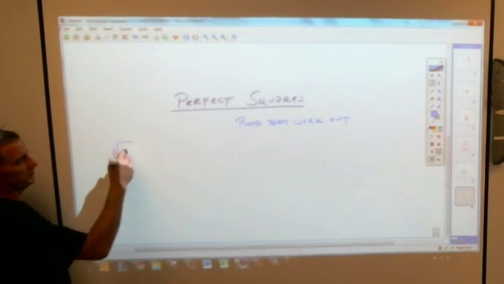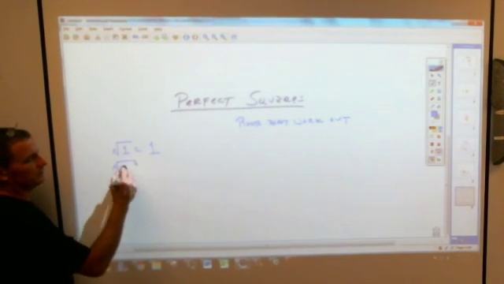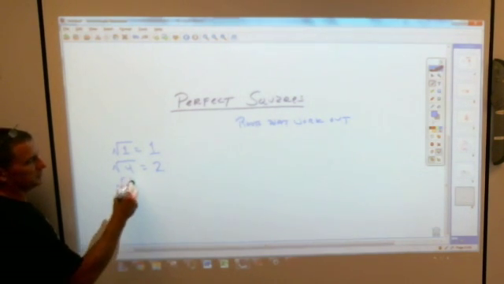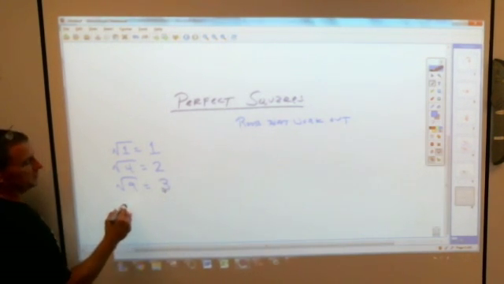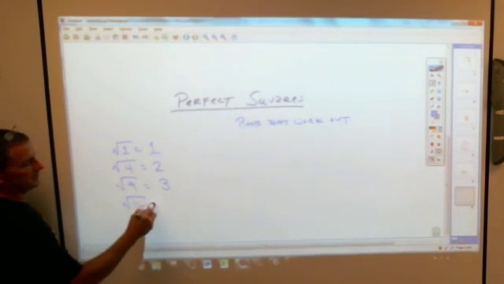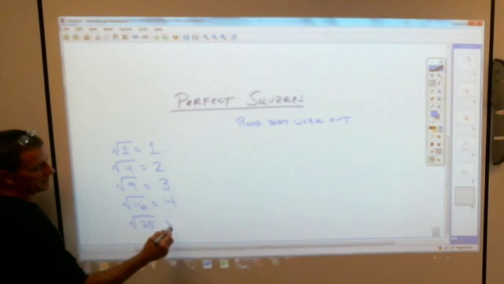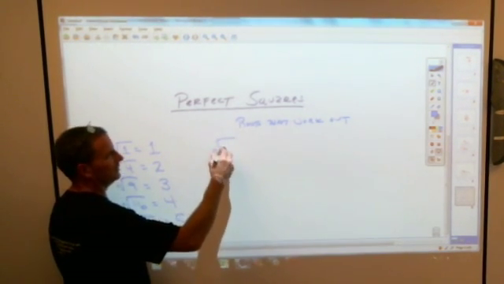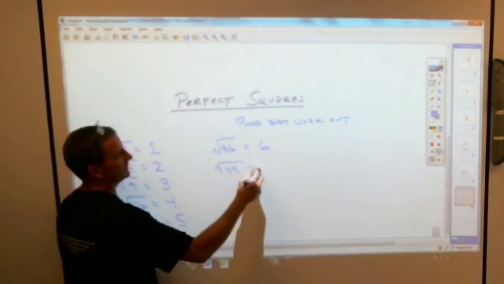The square root of 1 is perfect because what times what gives you 1? 1. The square root of 4 is 2, right? 2 times 2 is 4. The square root of 9 is 3. You could help me anytime here. The square root of 16 is, thank you, not 18. We're not cutting it in half here. The square root of 25 is, thank you very much. The square root of 36 is 6, the square root of 49 is 7.